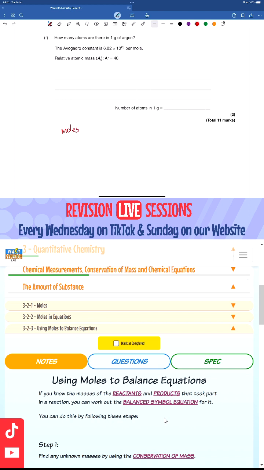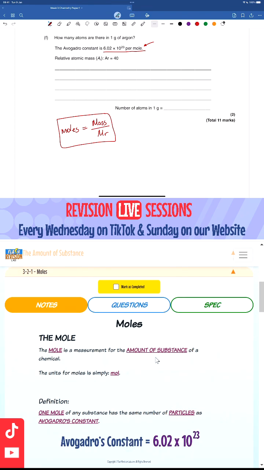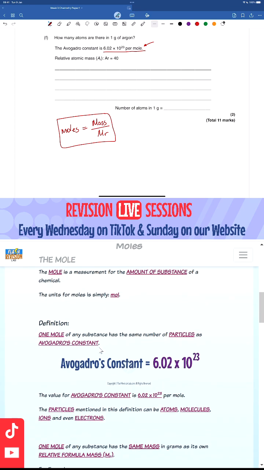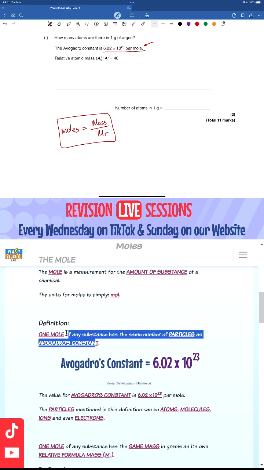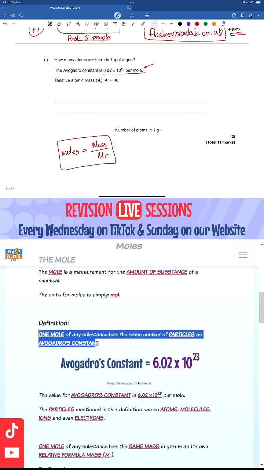So moles is equal to mass over Mr. And they've given us Avogadro's constant here. What does Avogadro's constant tell us? Let me get that up on the notes. Moles, a measure of amount of substance. Avogadro's constant: 1 mole of any substance has the same number of particles as Avogadro's constant. Not the mass of 1 atom. You would say 1 mole has this many atoms in it, this many particles in it.